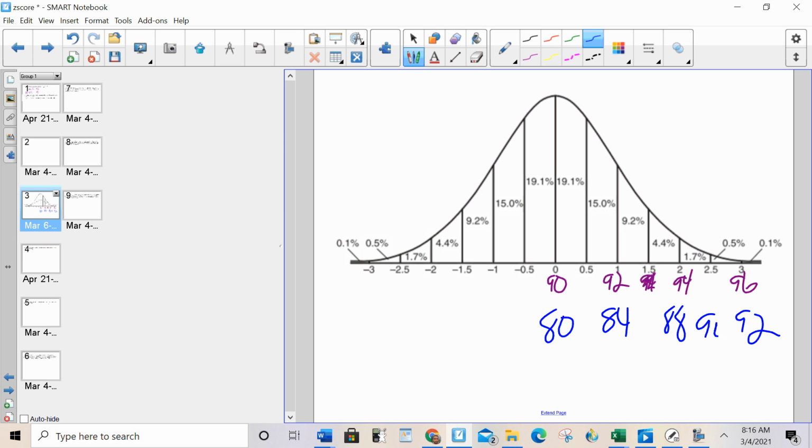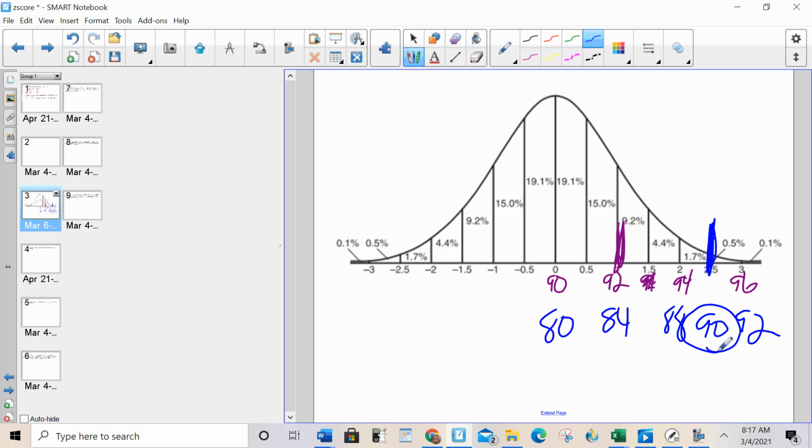You know, that 90 in Pre-Calc would fall here. The 92 in Algebra 1 would fall here. So the blue is better. The 90 would be better in that case, because compared to everybody else, that 90 was better on that exam.